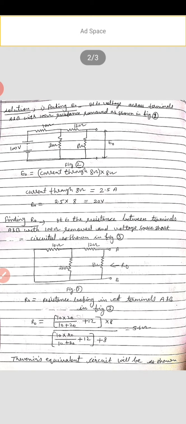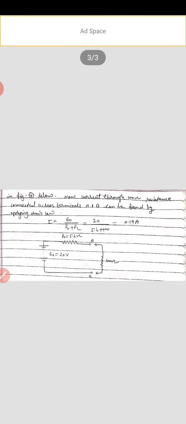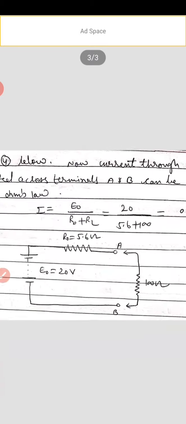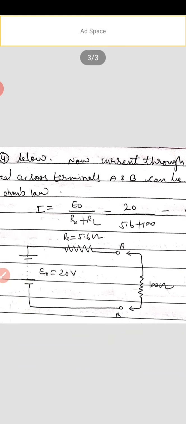We know from Thevenin's theorem that E naught and R naught are connected in series and the load resistance is connected across the terminals A and B. So this is the equivalent circuit found by using Thevenin's theorem.